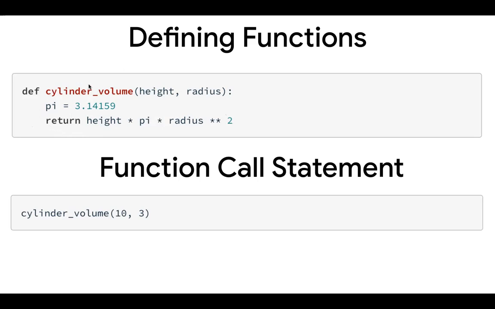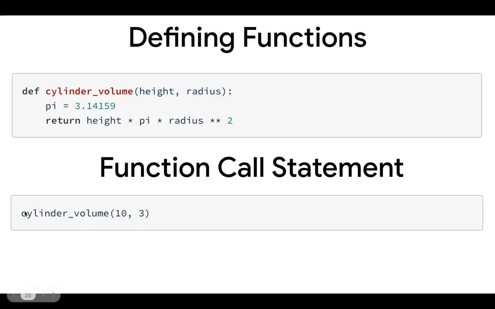After we define the function, we need to write the call statement of a function. So this function will not run unless we call it. So we call function by writing its name and if necessary, defining the parameters 10 and 3. When we call this function, it goes up here and runs it. Then it will return the volume, which will be the result of a function and displayed in the output.